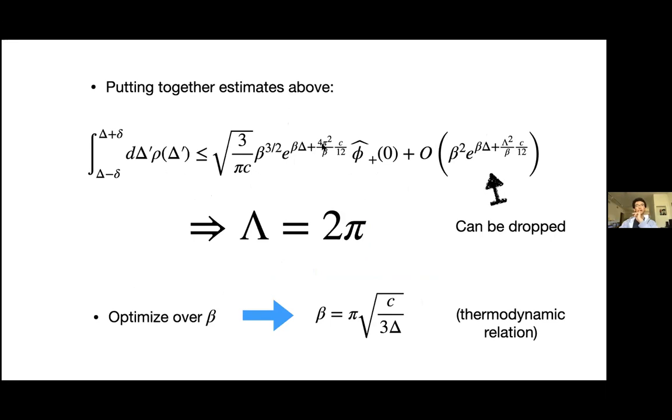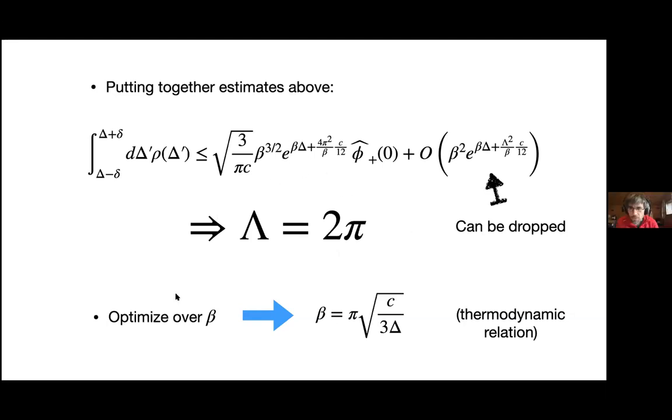So 2 pi is the largest lambda that you can take. We will make this choice from now on, lambda equals 2 pi, and we can drop these heavy contributions. And we indeed see that everything is dominated by the light, by the vacuum effect.